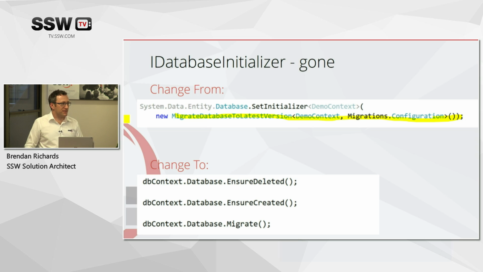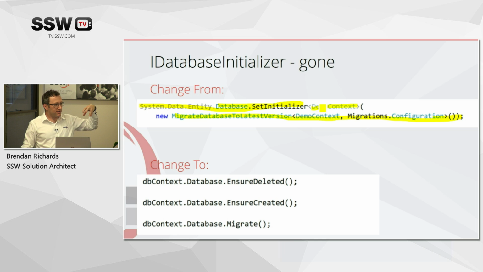What that does is apply pending migrations to update the schema you've got against your database. What I don't like about this class is in order to use it, you register it against this kind of top level object, this database object. You call the setInitializer function, so what you've got is one global object that you talk to set up the configuration for the DbContext.